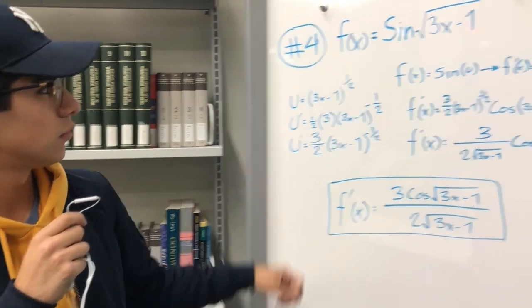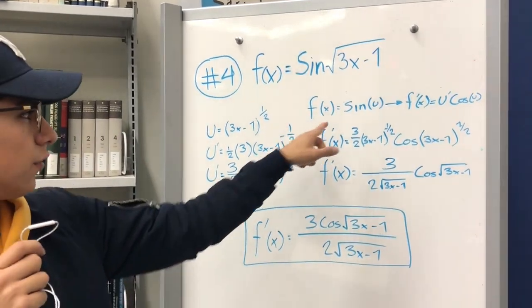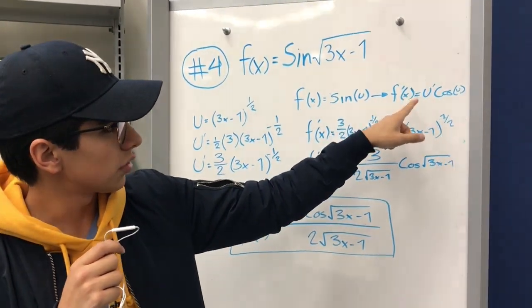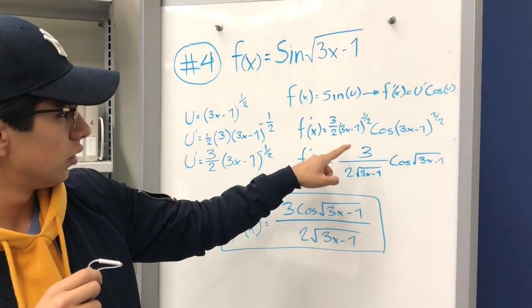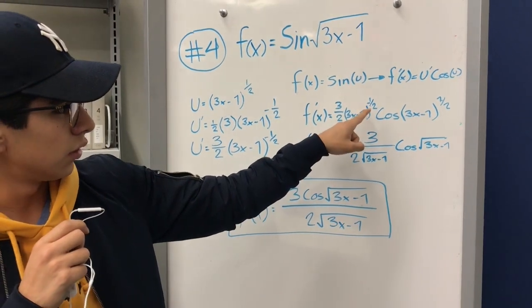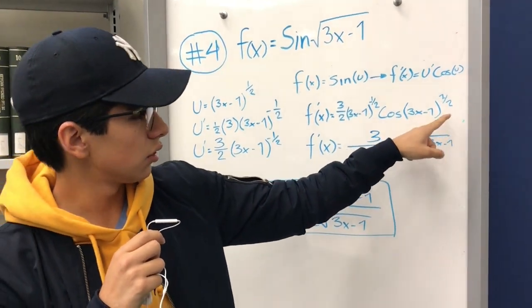And now we have to derive sin. The formula is that the derivative of sin u is u prime times cos u. So we multiply 3 over 2 times 3x minus 1 to the negative 1 half, times cos of the square root of 3x minus 1.